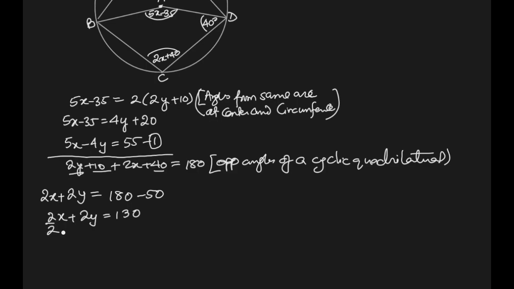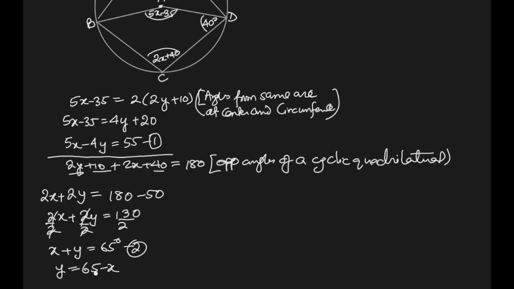Both of them have 2, so let's divide the whole equation by 2 so that it becomes simpler. x plus y is 65 degrees. This is equation number 2. Let's isolate one of them. We have to find both x and y, so it doesn't matter. So y equals 65 minus x.